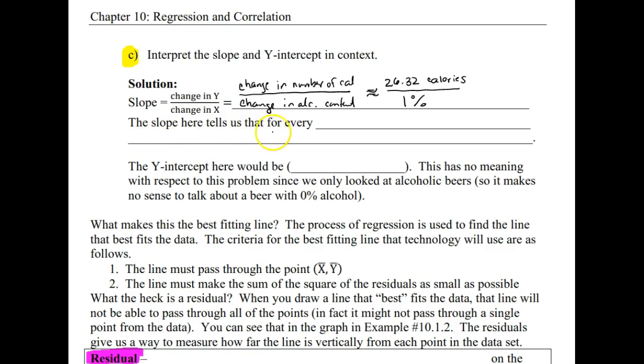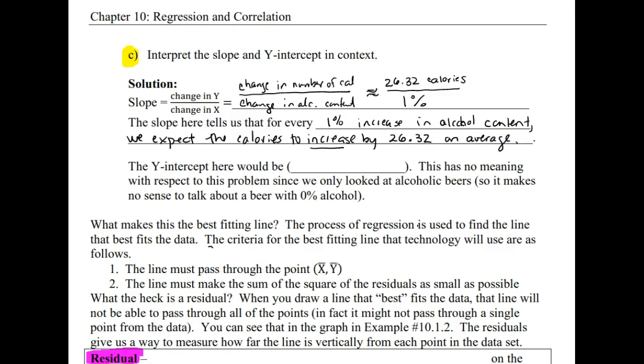So the slope tells us that for every 1% increase in alcohol content, since the slope is positive, we would expect the calories to increase by 26.32 on average.